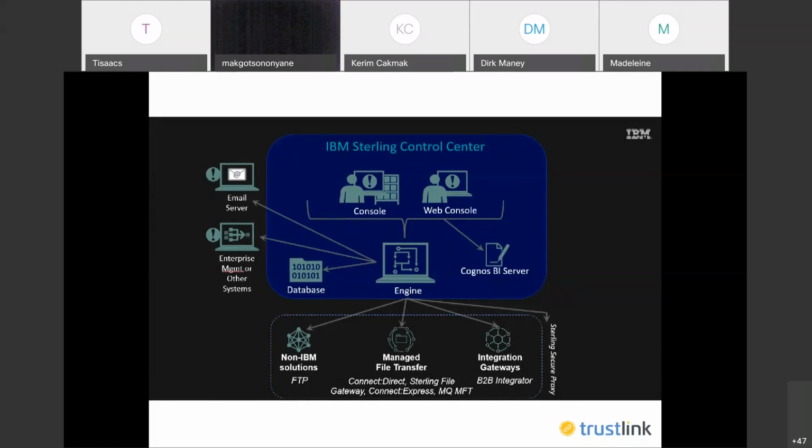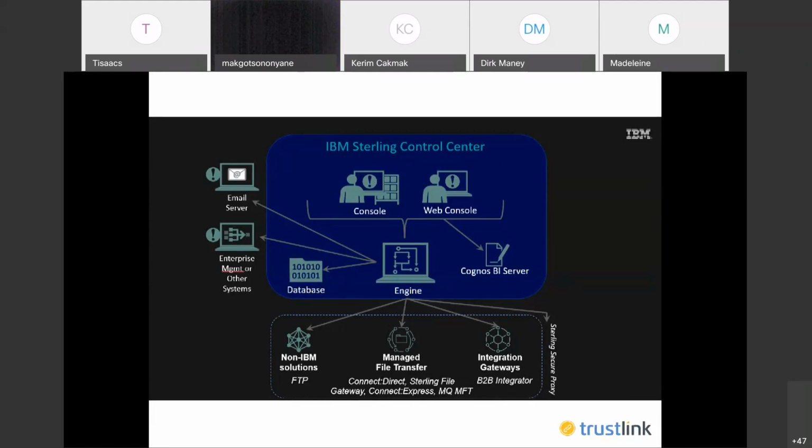I've mentioned previously that we provide the reporting and analytics by bundling in some of the Cognos capabilities. And we have different user interfaces as well, different types of web consoles, one that's geared a bit more to an IT user and one that's geared more to a line of business user.